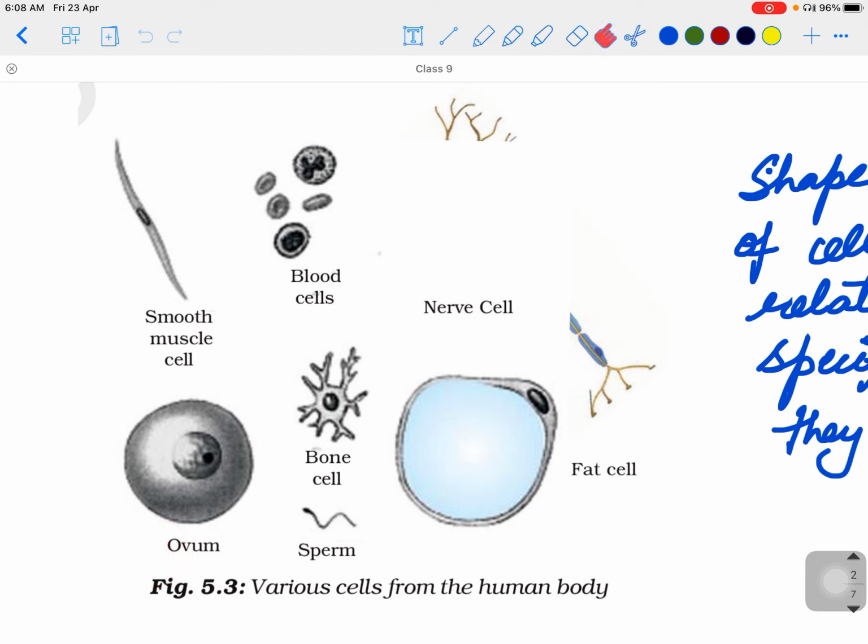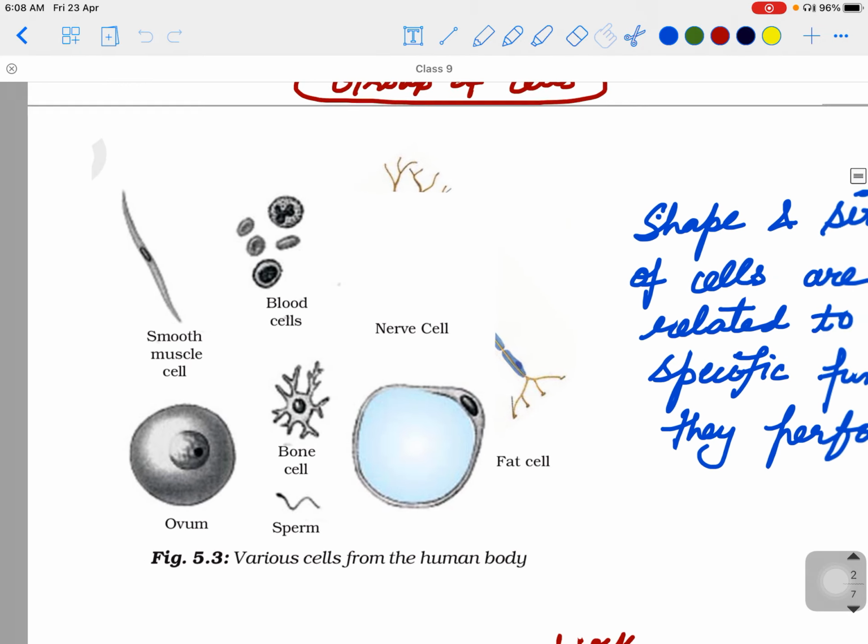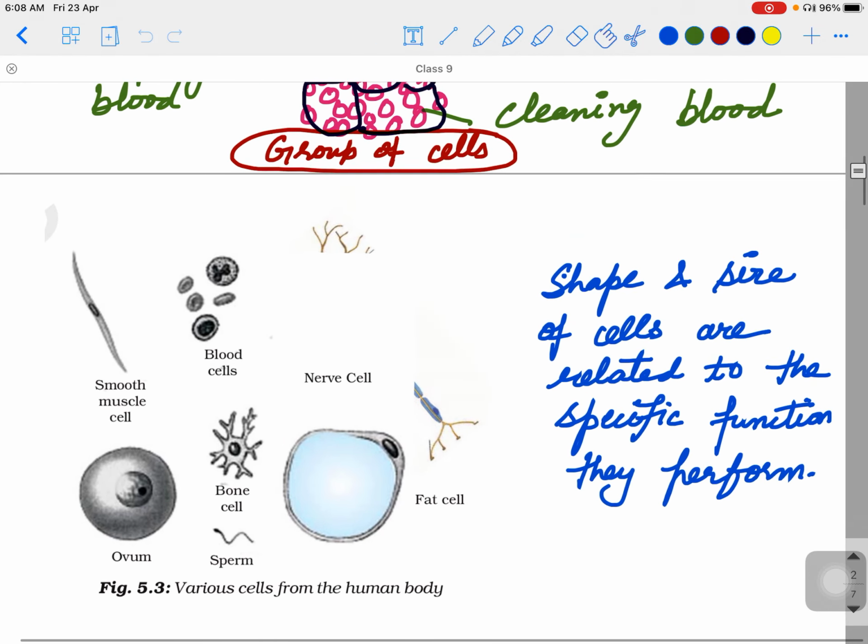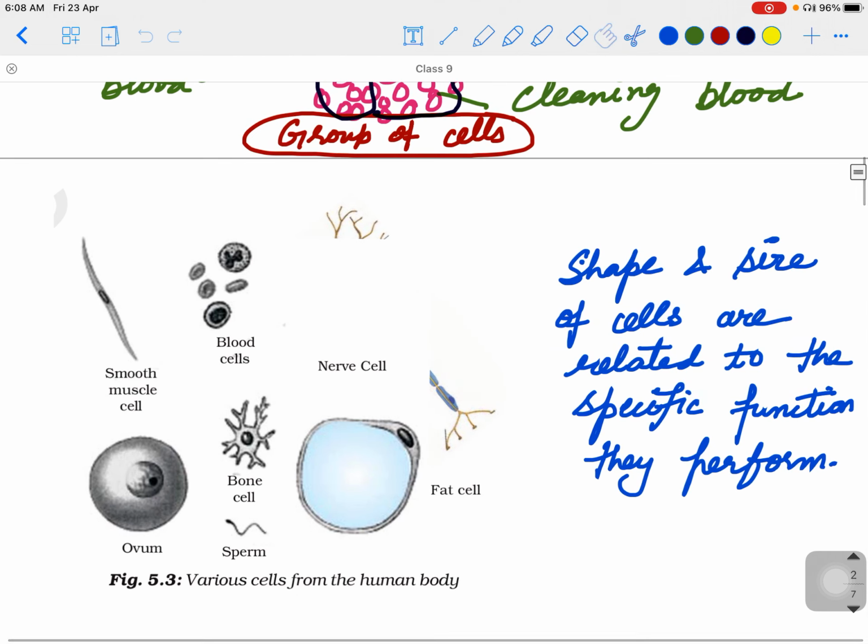So these various cells of the human body are shown in this diagram, and you can see that they are of different shape and sizes. So we will try to understand why in one organism cells of different shape and sizes are present. Shape and size of cells are related to the specific function they perform.